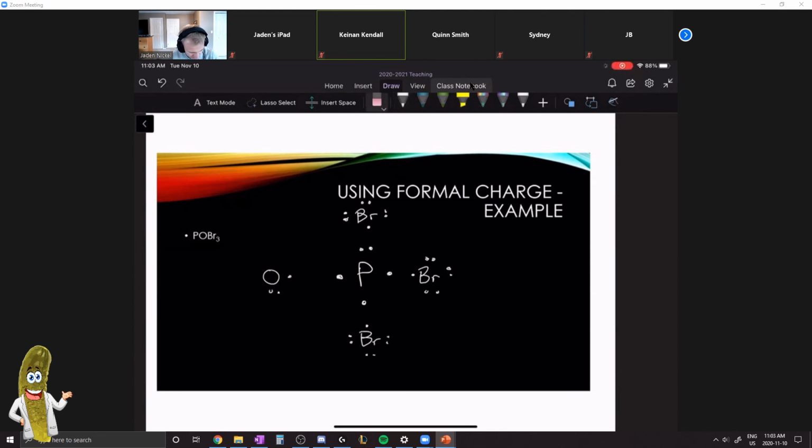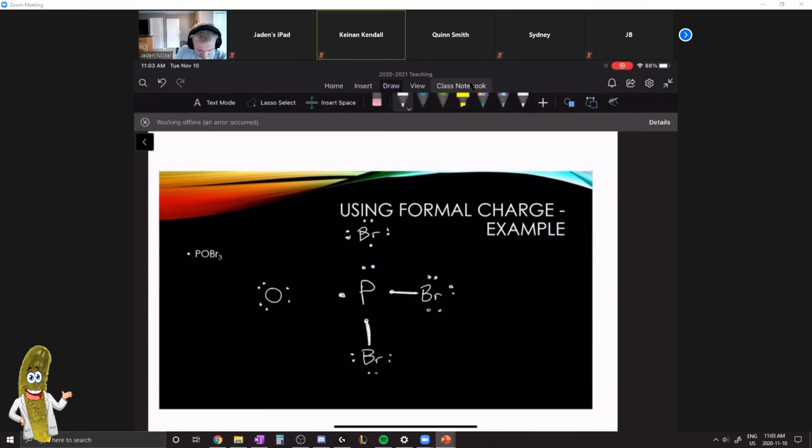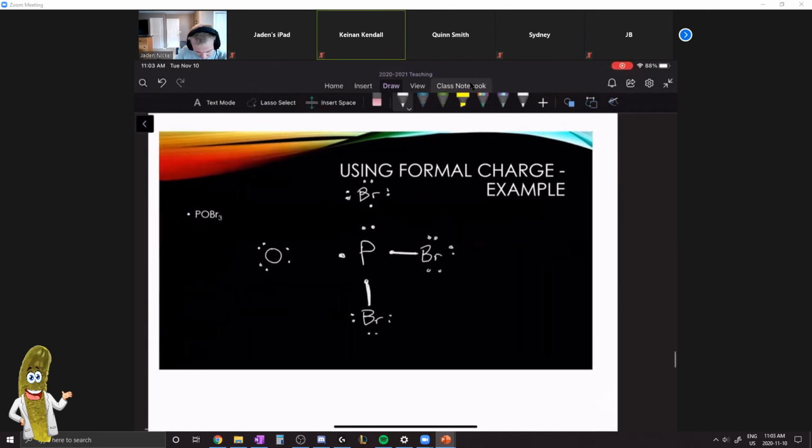I'm going to draw it so that my single dots are closer to the phosphorus, like that. So 2 of these are really easy. I guess 3 of these are really easy. That's an easy connection between the phosphorus and bromine. That's an easy connection between phosphorus and bromine. These electrons here are both single electrons. So again, that's an easy connection.